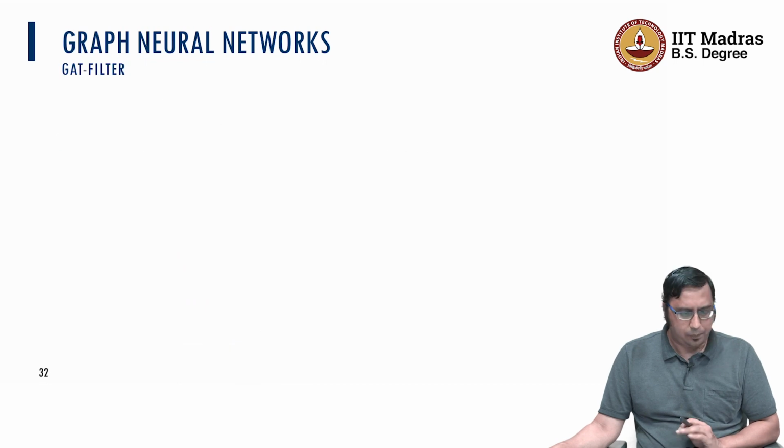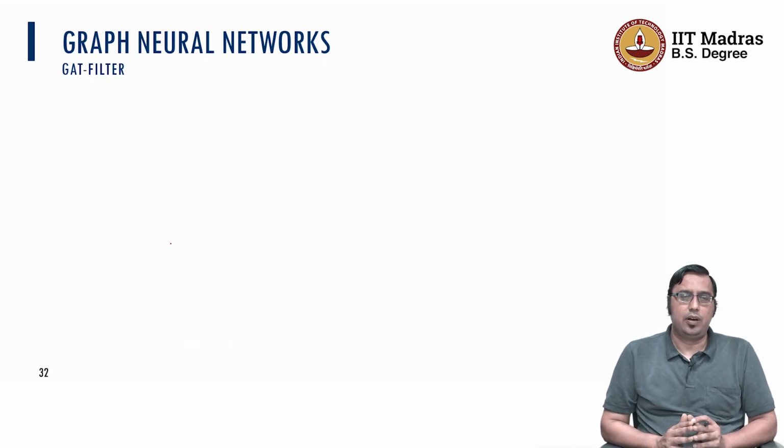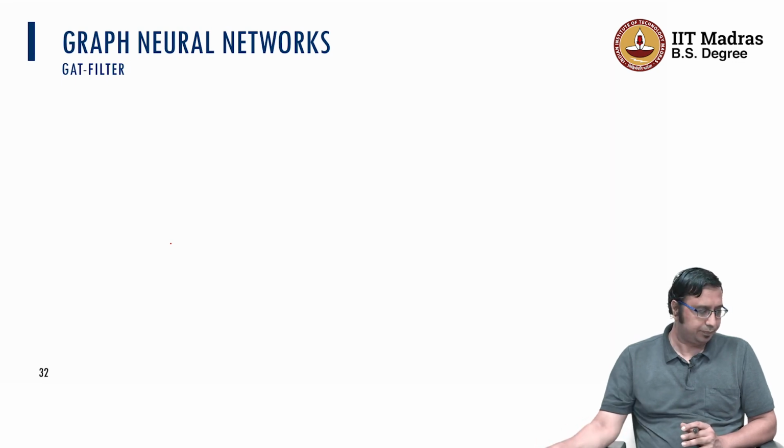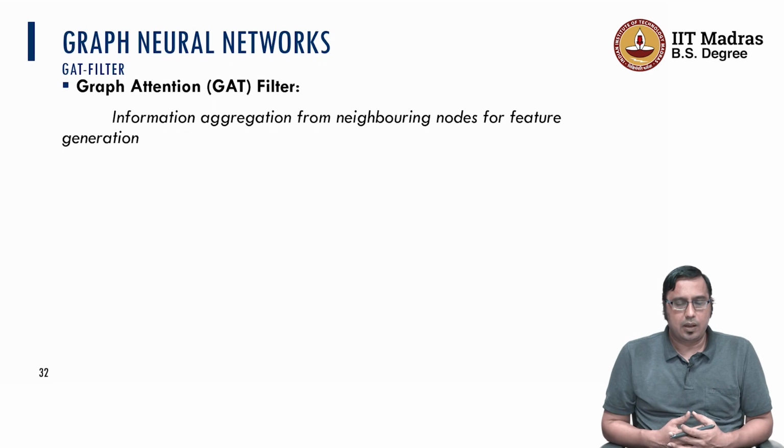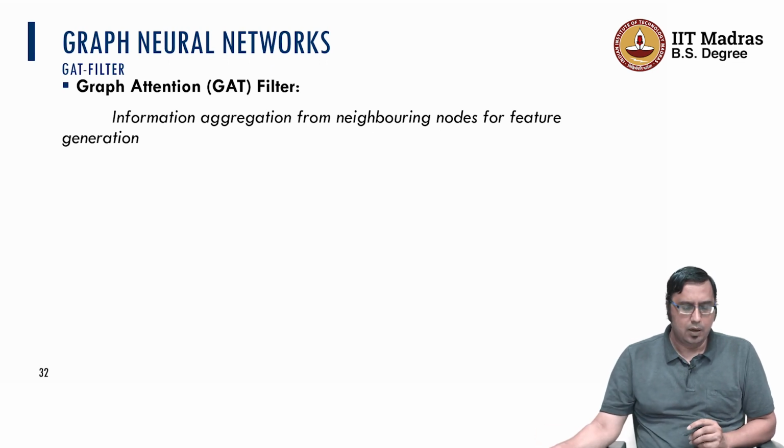Now we look at another filter, the GAT filter or graph attention filter. It uses a self-attention mechanism to filter the signals. Here, we try to get information aggregation from the neighboring nodes for feature generation.